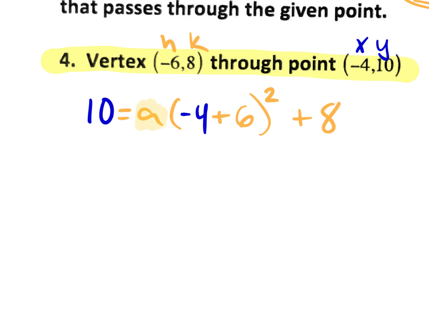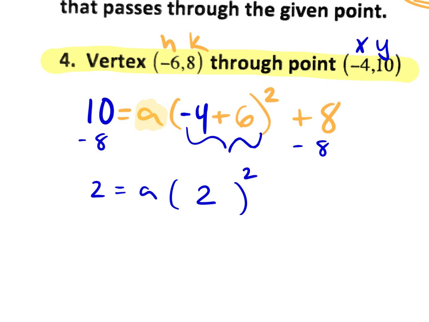What should we do first to solve for a? Subtract 8. We could do that. Subtract 8, move it to the other side. So we have 2 equals a. What can we do next? The parentheses. Inside the parentheses, what's -4 plus 6? 2.